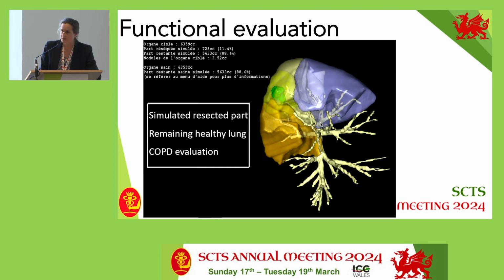And also we asked the model to try to give us our functional evaluations to estimate what would be the loss and what would be the percentage of healthy lung remaining. So not only based on the volume, but also based on analysis of healthy lung, meaning emphysematous part of the lungs will be also evaluated.